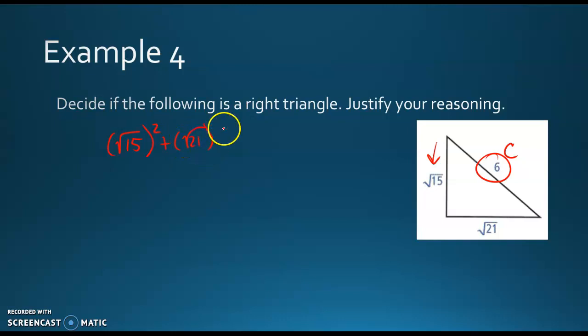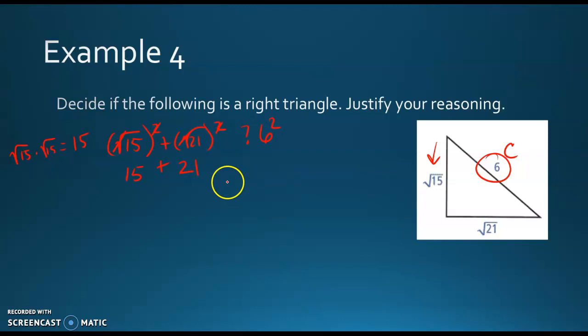and you'll end up with an inaccurate answer. But if we remember that the square is the inverse of the square root, or vice versa, when I take the square root of 15 times the square root of 15, I get just 15. So with the square root of 15 squared, the square removes the square root and we're left with what's inside. So we have 15 plus, again, our square removes our square root because they are inverse functions of each other.